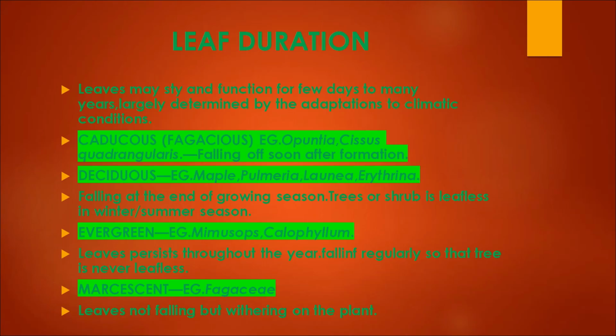Caducous or fugaceous, example Opuntia and Cissus quadrangularis, fall off soon after formation. In deciduous, example maple tree, Bauhinia, the leaves fall at the end of the growing season. At the end of the growing season, all the leaves will fall.